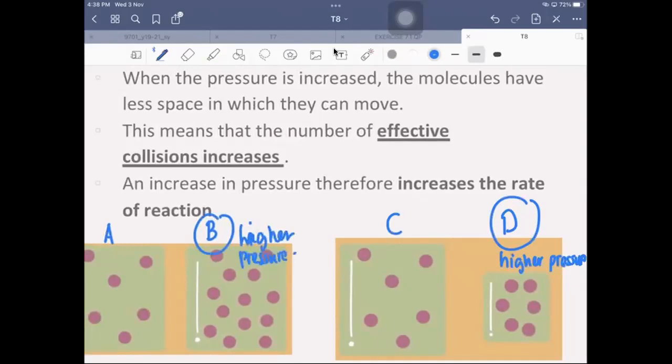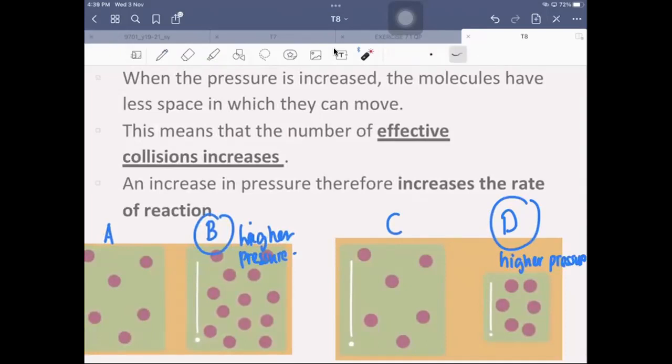Okay, so B and D have in common that there are more molecules in a much smaller or confined space, or we say that there is not much space between the molecules. I think we all can agree that B and D do not have a lot of space around the molecules.